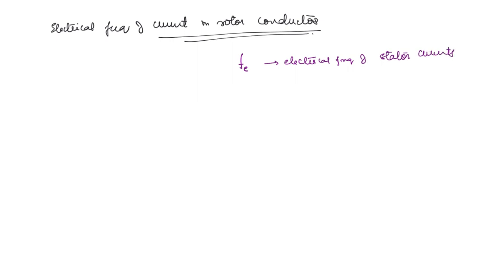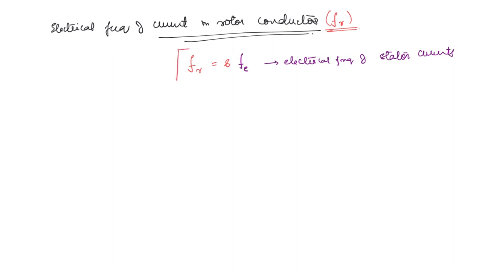E represents electrical frequency to differentiate from the mechanical frequency. So now how do we represent the electrical frequency of rotor conductors? We will take this as Fr. This Fr is experimentally found to be equal to slip times the electrical frequency of stator currents.